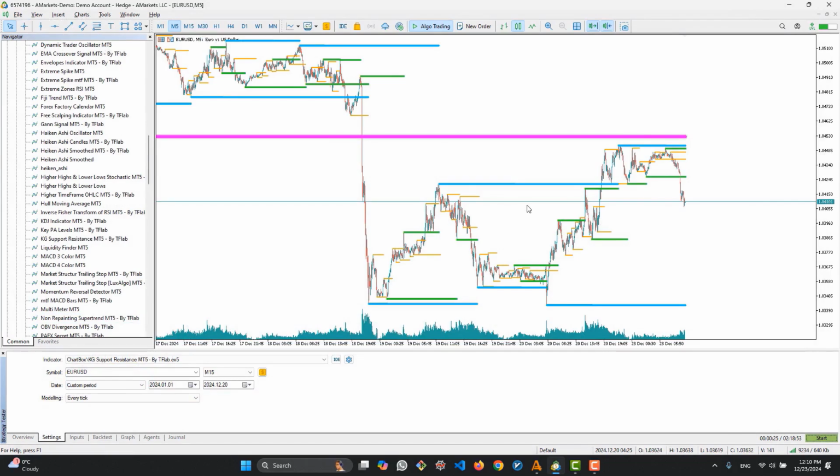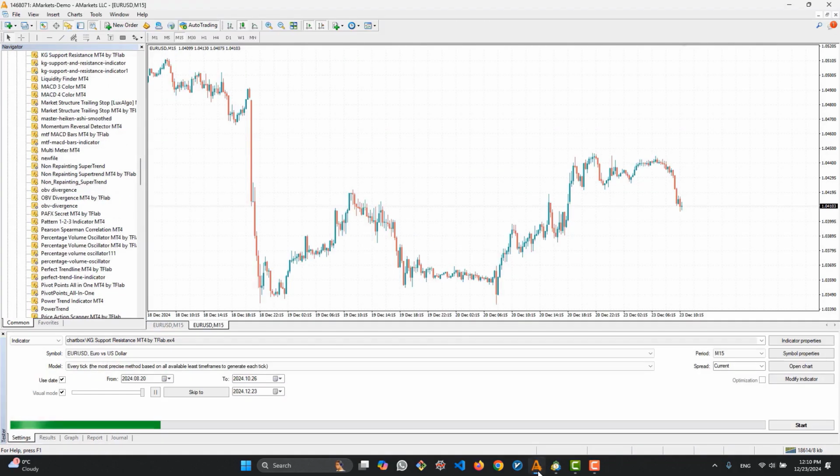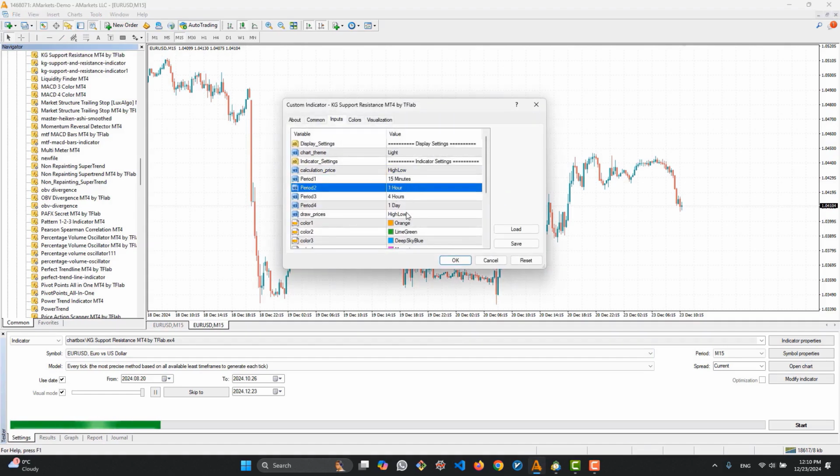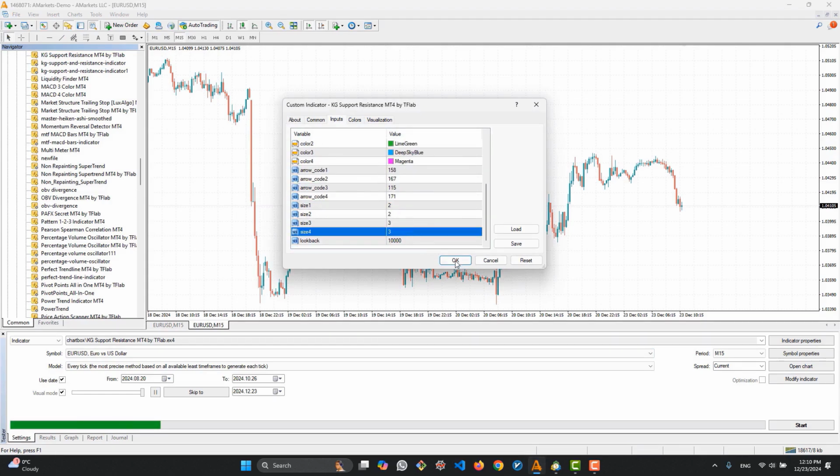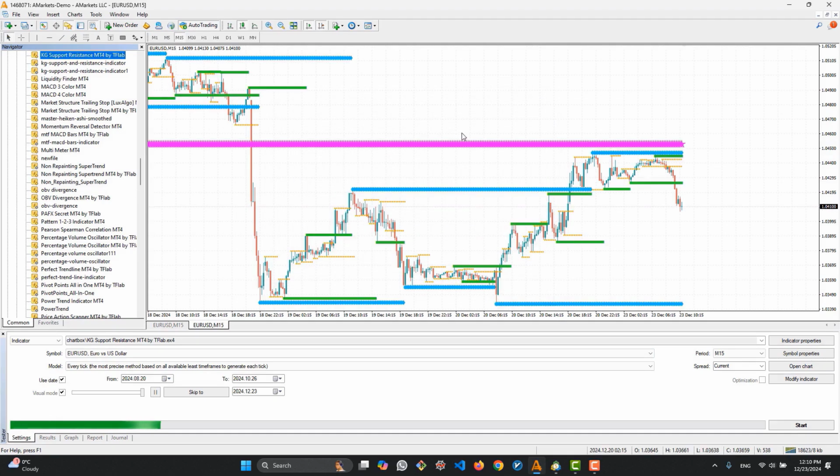From the MT4 perspective, you can also use this indicator for MetaTrader 4. I should also mention that this purple color is for the daily time frame.